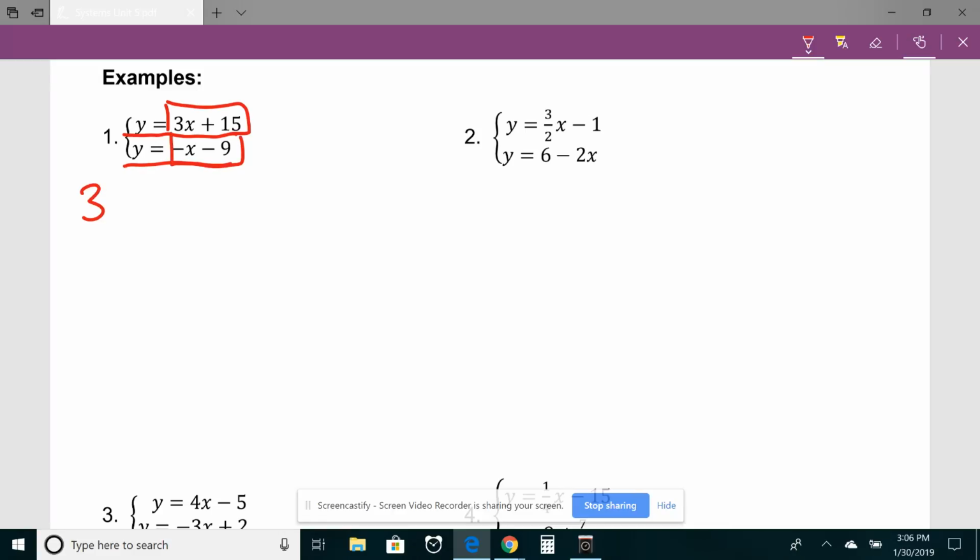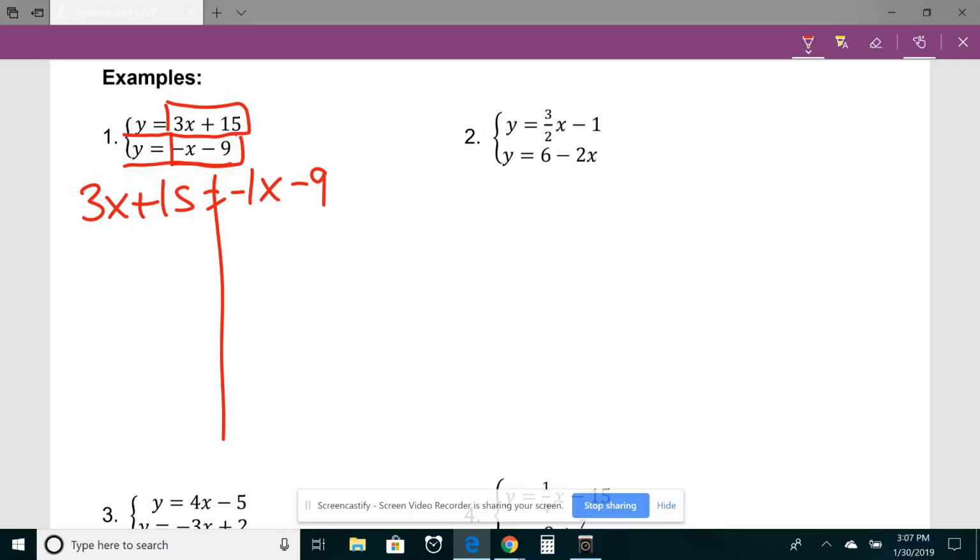So we have 3x plus 15 equals, I'm just going to add the little 1 between the negative and the x, to remember that it's a negative 1, and solve it. Basically we're just solving where these two lines intersect using our algebra skills.